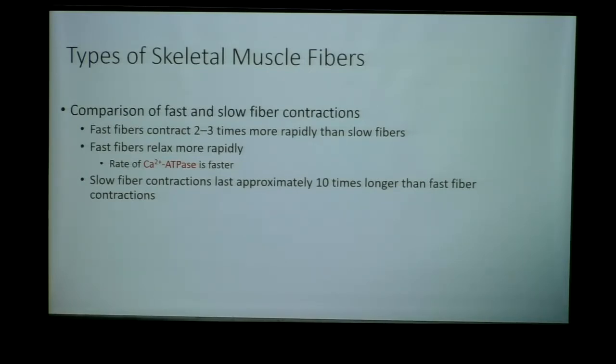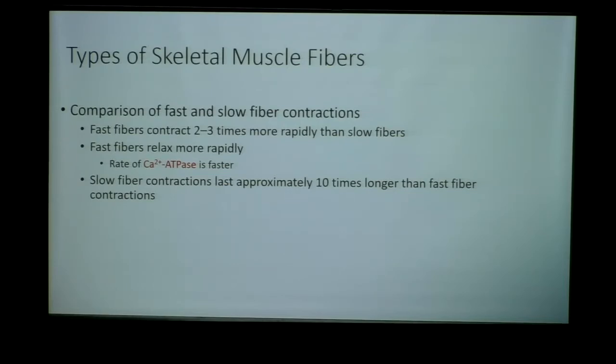And so if we have a faster rate of this calcium ATPase activity, this is that calcium pump that's pumping calcium back into the SR, the faster that can happen, the faster the muscle can relax. And so a fast fiber has a fast rate of its myosin ATPase activity, but it also has a fast rate of its calcium ATPase activity. So it's going to contract faster, it's also going to relax much faster, okay?